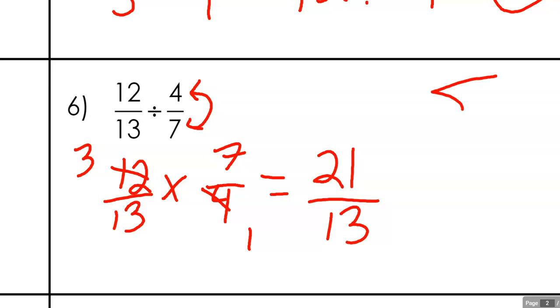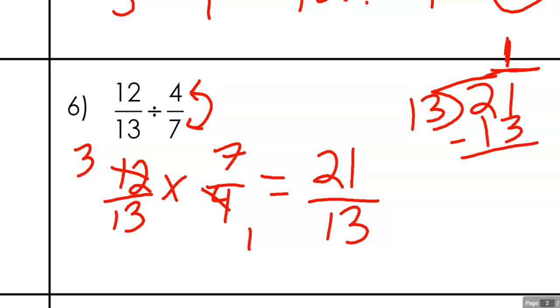Let's change it to a mixed number. How many times will 13 go into 21? It'll go one time, right? So we got 13 here. Let's subtract and see what we get. Decomposing a number, this is 1, this is 11. So we have 11, count using your fingers and your toes sometimes. You got 3, 4, 5, 6, 7, 8, 9, 10, 11.